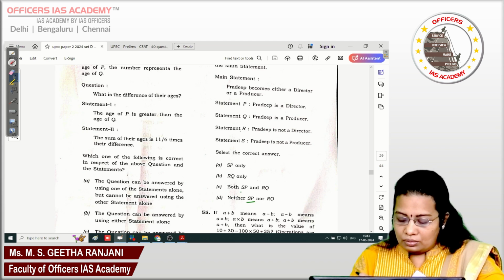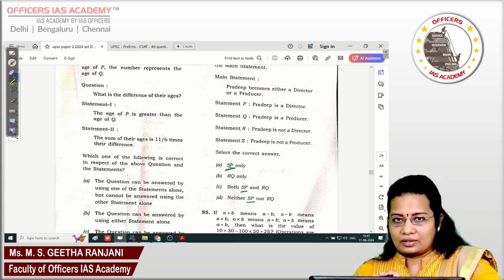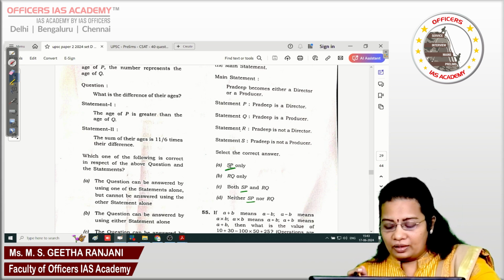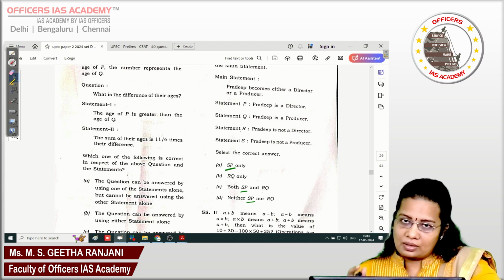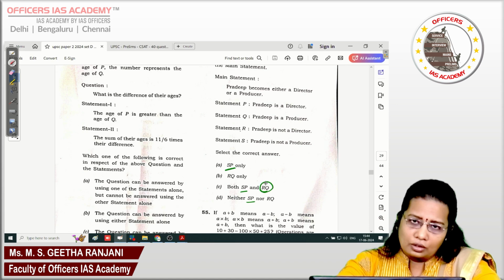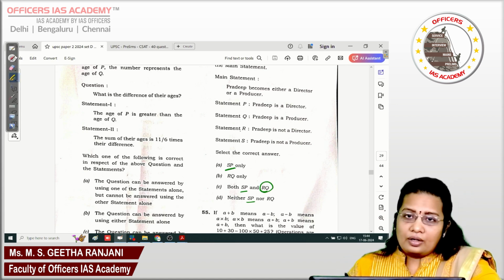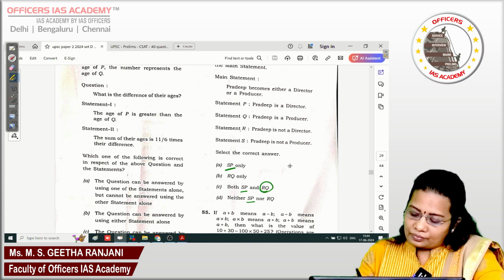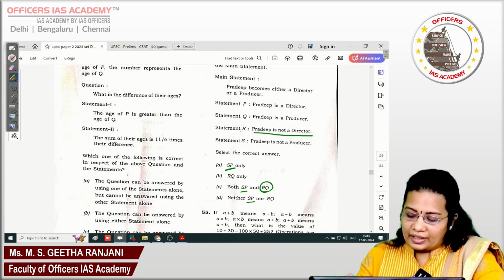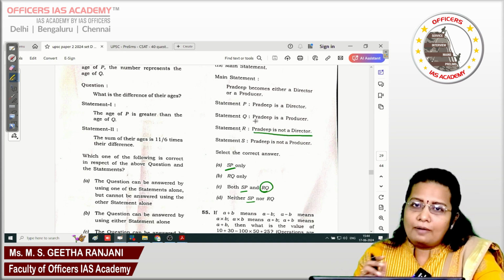So once you have chosen one of the options as the answer and the same repeats in some other option, you want to check the other elements presented with your selected option also. That is a basic rule. According to that, we can check R and Q. What about R and Q? Pradeep is not a director means Pradeep is a producer.